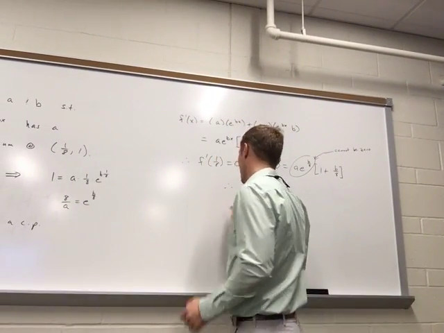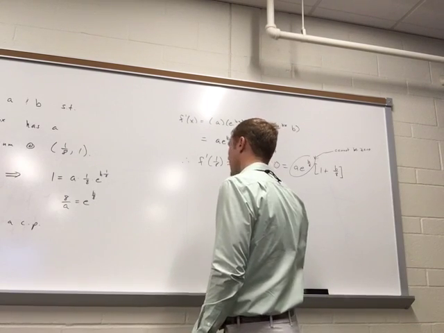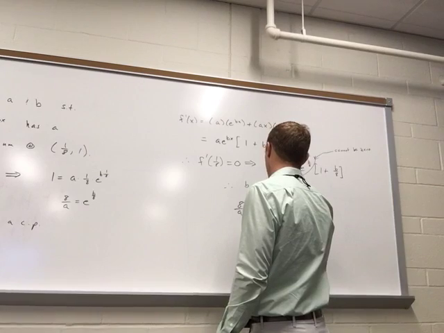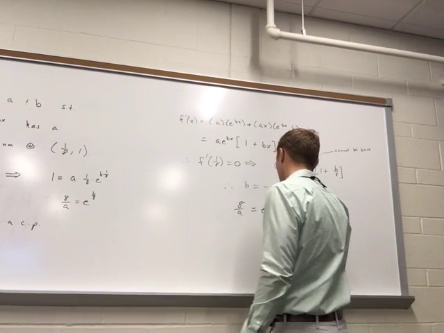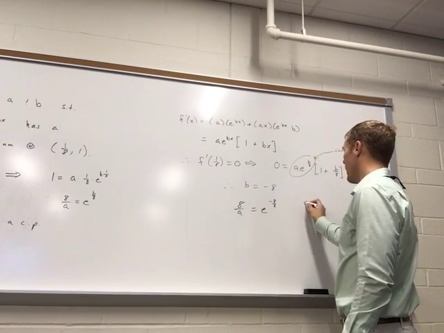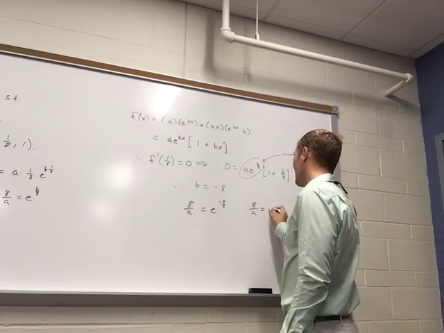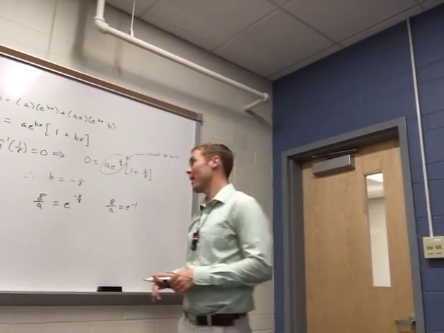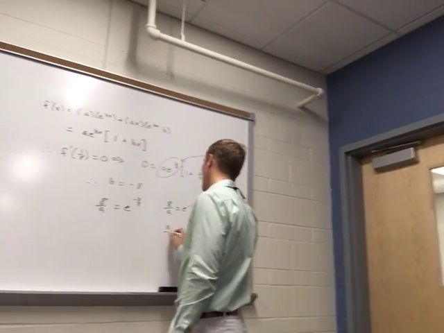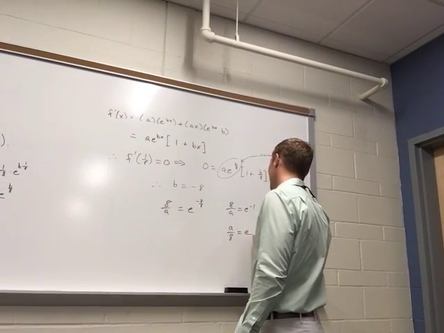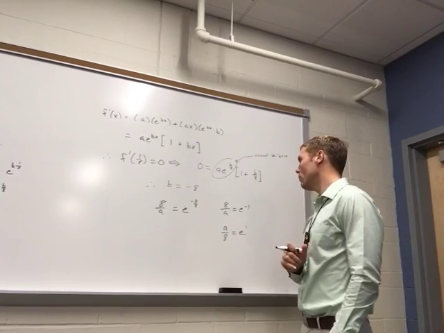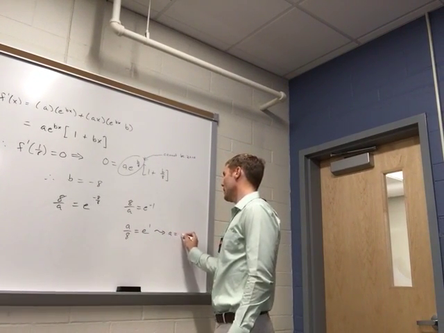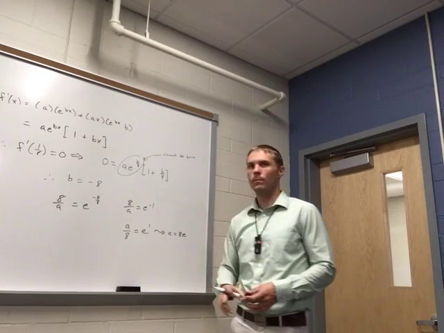So taking that information and putting it in, 8 over a equals e to the -8 over 8, or that 8 over a equals e to the -1. Reciprocating everything, a over 8 equals e to the first power now, or that a equals 8e.